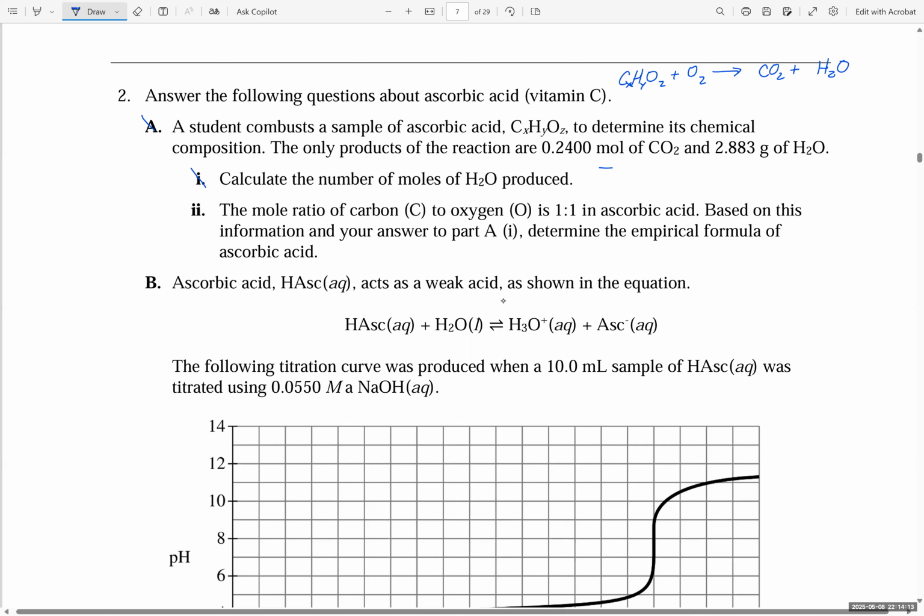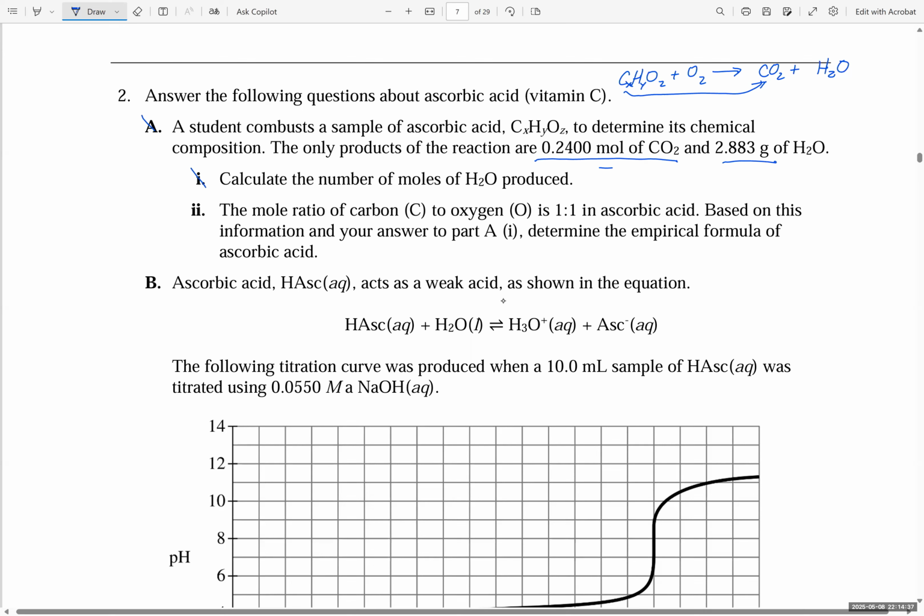Now, we don't know the coefficients yet, but we do know that the entire source of carbon comes from the ascorbic acid. We know the carbon because we know the 0.2400 moles of CO2. So all of this came from here. And we know this turned out to be 0.1600 moles of H2O.